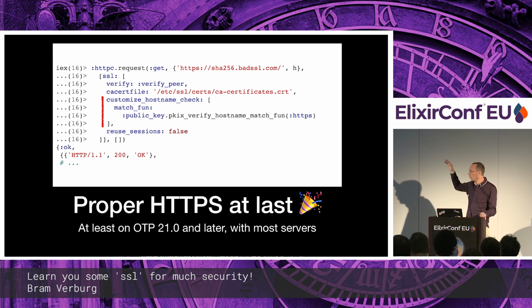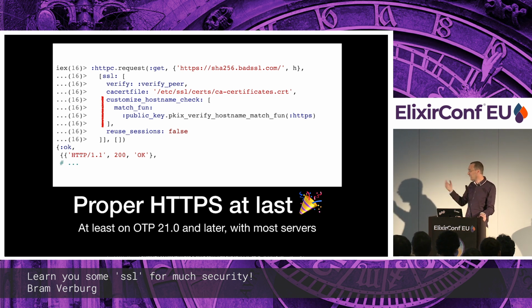Okay, so with all these options that you see here, we now can make proper HTTPS calls to most servers on recent OTP versions. If you're on an older version, 20 or 19, then there are some additional issues that you need to be aware of, but I'm hoping most of you are on 21 at least.